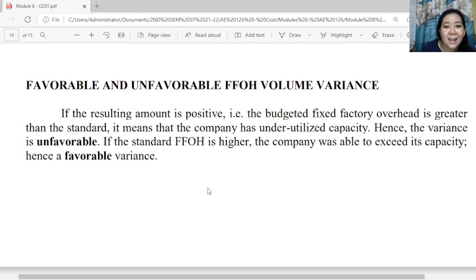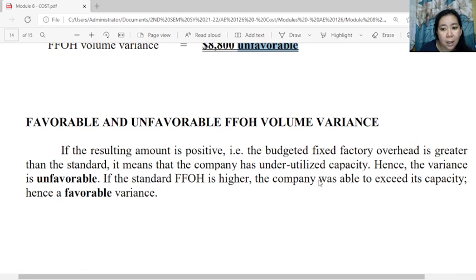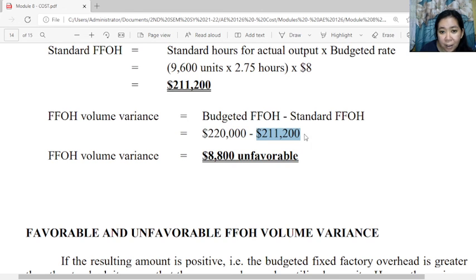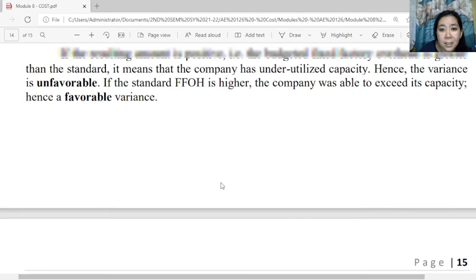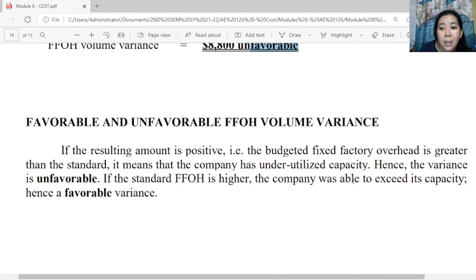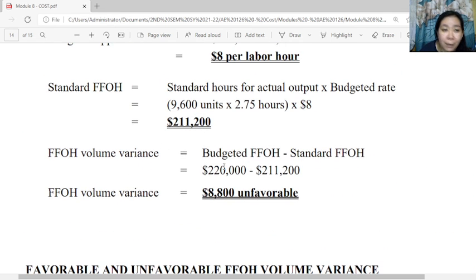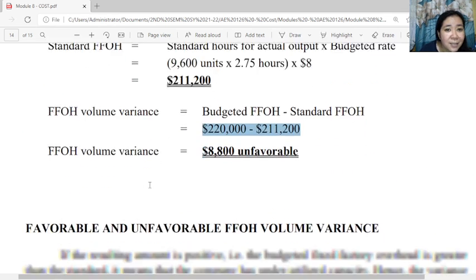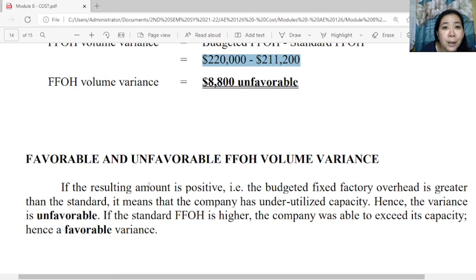And again, if the result is the opposite, meaning your standard is higher than the budgeted, the result will be favorable because, according to our rule, the company was able to exceed its capacity. That's why the variance is considered favorable. So that's for our volume variance, or variances for factory overhead, for variable and fixed overhead respectively.